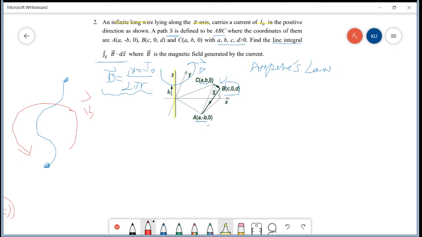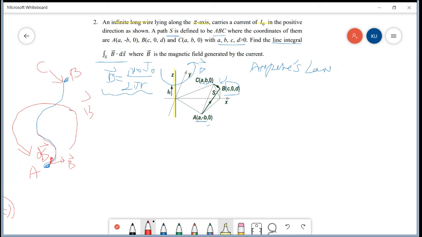Not necessarily rotational or any form, but when you need to do the line integration, maybe I call this one C, from A to B, which means that suppose at this point we have B like this, and then we have another vector, ds, going along this line.